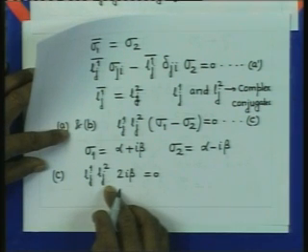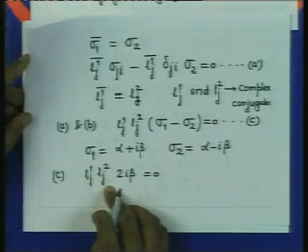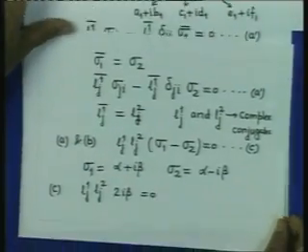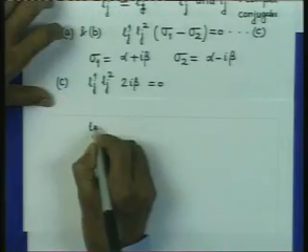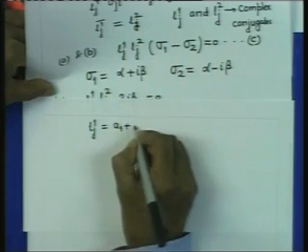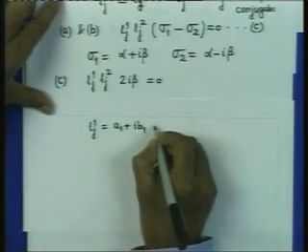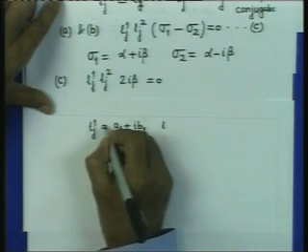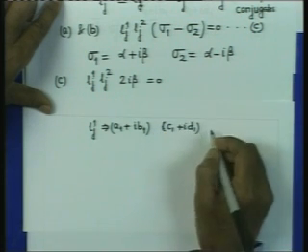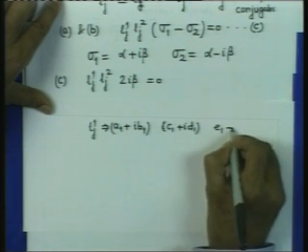Now, since Lj1 and Lj2 are complex conjugates, we can write the coefficients of Lj1 as A1 plus iB1, the components are C1 plus iD1 and this is E1 plus iF1.